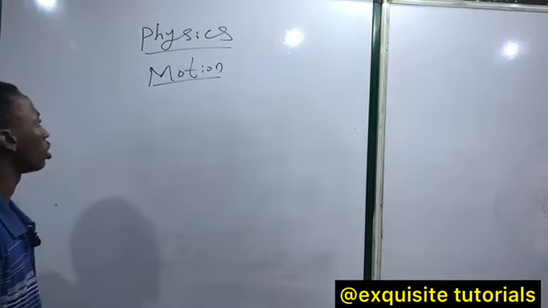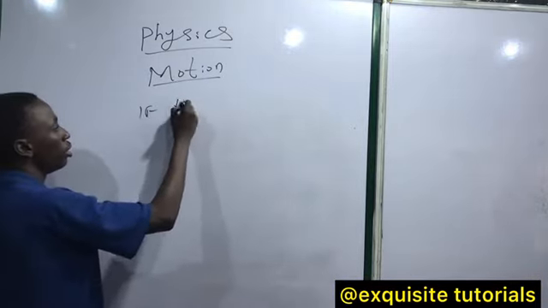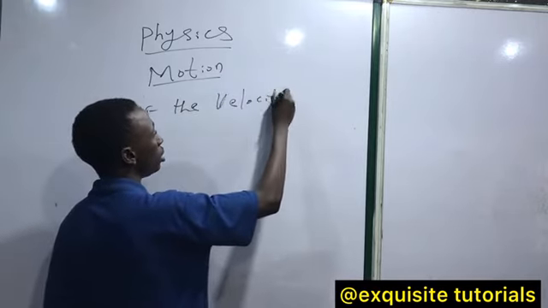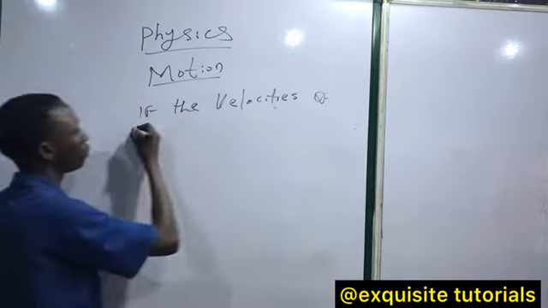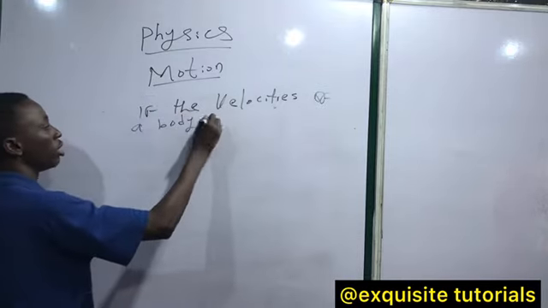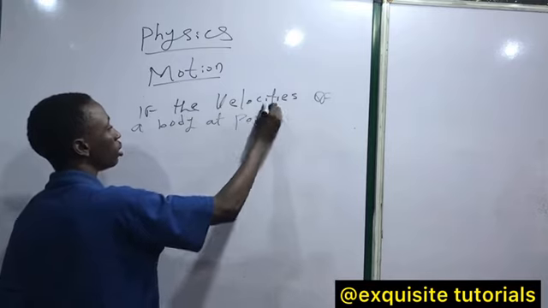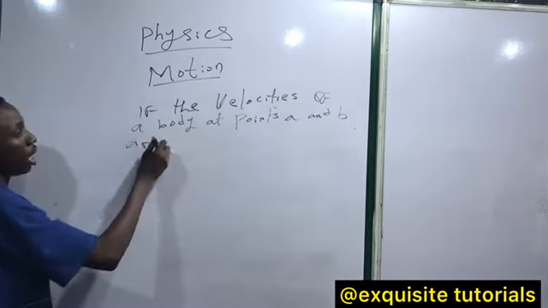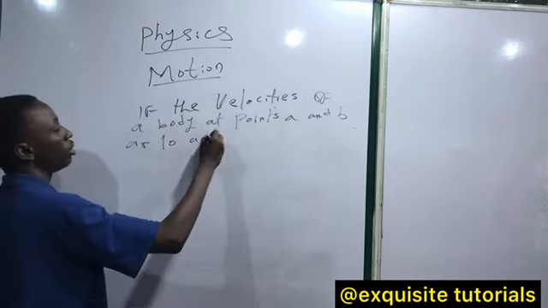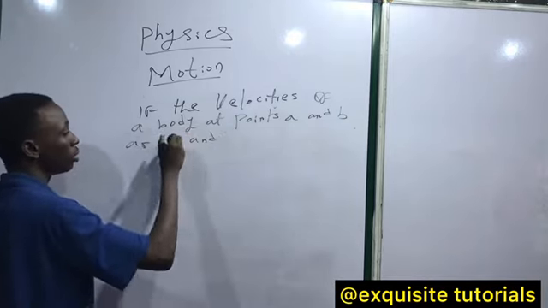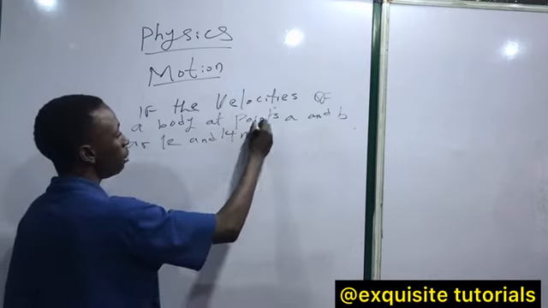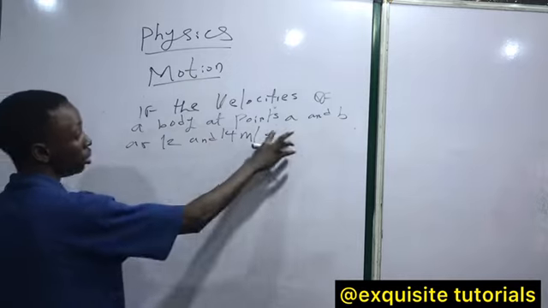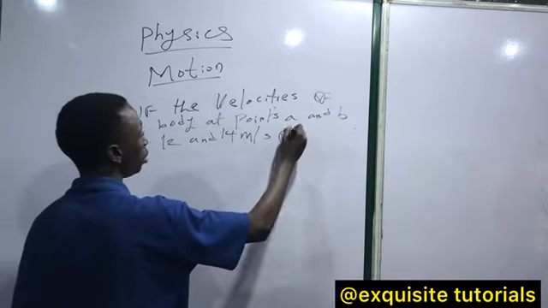Let's say the velocities of a body at points A and B are 12 and 14 meters per second respectively.